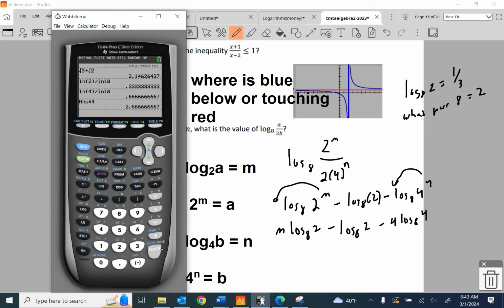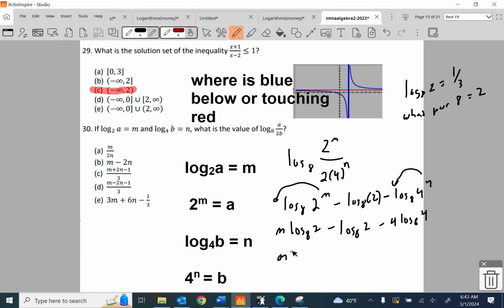Anyways, let's see what we have here. We know that log base 8 of 2 is a third, so we have m times 1/3 minus a third minus n log base 8 of 4. Oh, that wasn't a 4, that was an m. So minus n times 2/3. You'll notice that doesn't really look like anything.